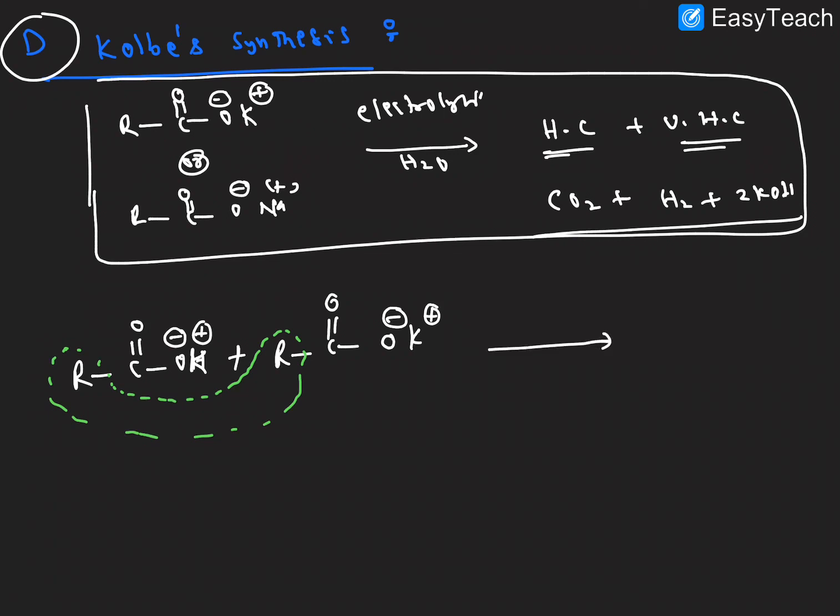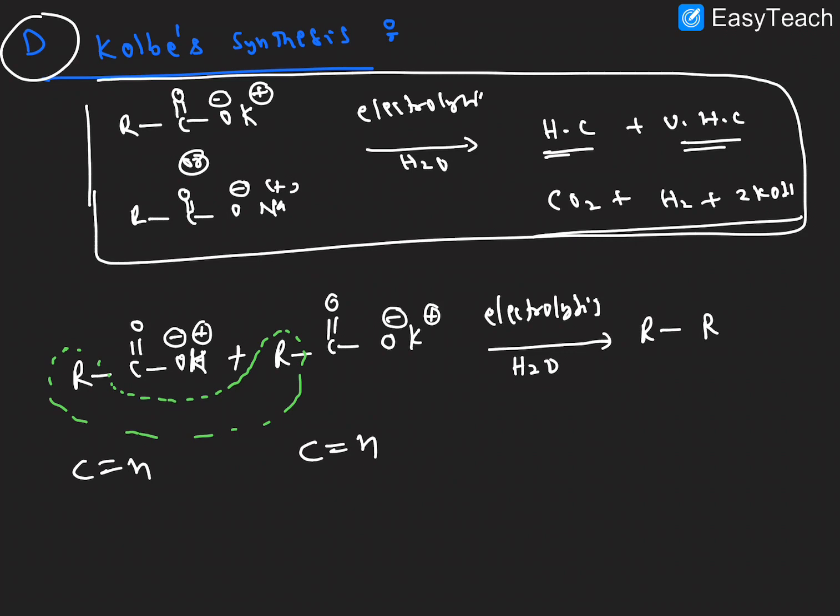Whenever electrolysis in H2O, we'll get the number of carbons here. How many carbons, n? Here the number of carbons, how many? N number is there. For example, 2 is there, n equal to 2.